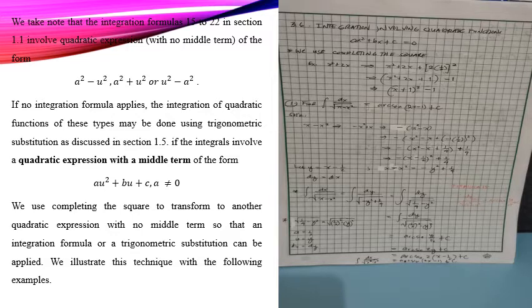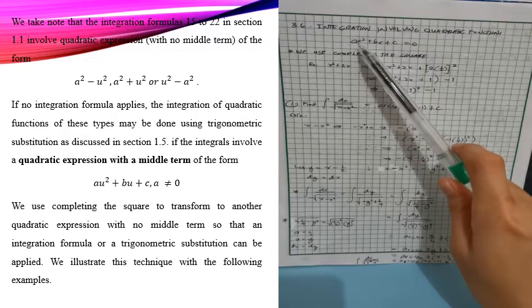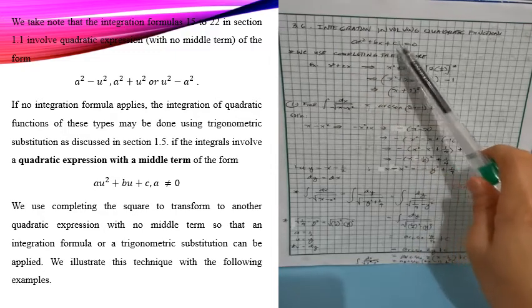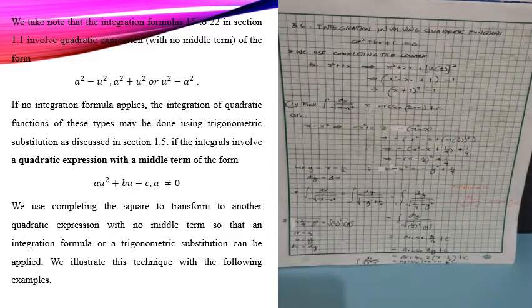When you say quadratic functions, ang degree ng equation natin is equal to 2. Okay, so this is the standard form of the quadratic function or equation: ax squared plus bx plus c is equal to 0. So, dito sa technique of integration na to, kailangan natin gamitin yung idea natin sa completing the square.